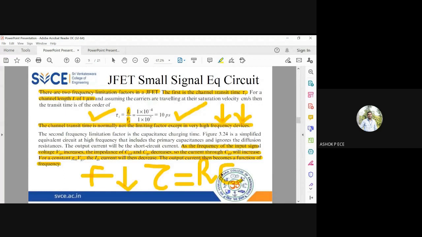If the capacitance value is very large, then the tau value will also be large, which makes your frequency less. So high frequency operation of the JFET is going to be prohibited. These two effects will stop the MOSFET or JFET from functioning at high frequencies: one is the channel transit time, and the second one is the effect of the capacitances.